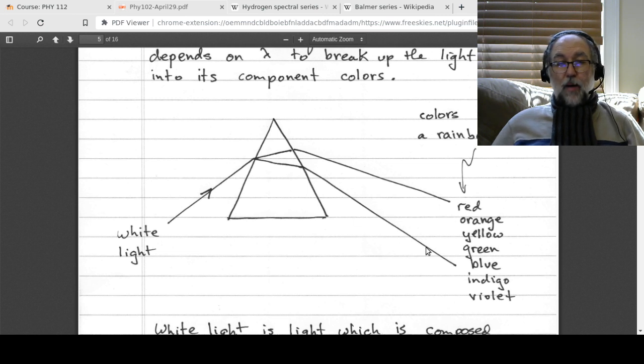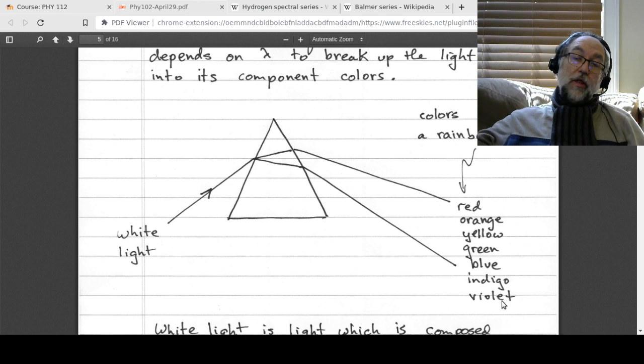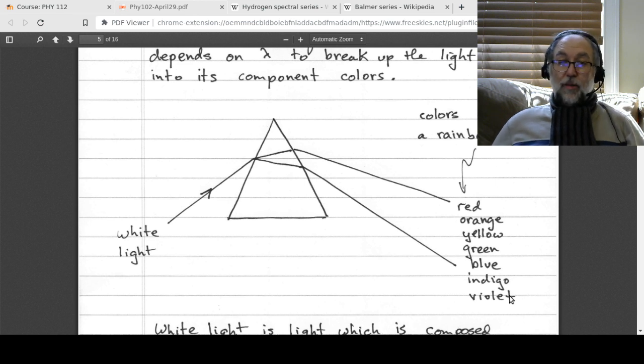The bottom edge here is going to be the violet, and in between you're going to have all the other wavelengths of light, in other words, all the different frequencies from red to violet, and that gives you the rainbow. So you're going to have red, orange, yellow, green, blue, indigo and violet. So there you go.